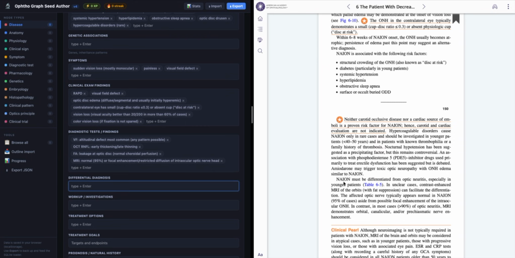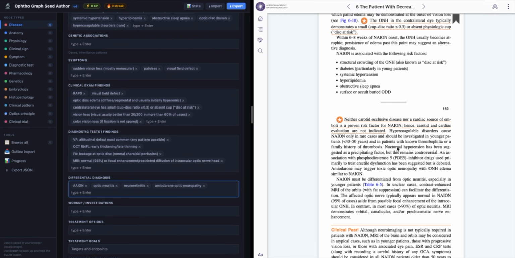All right, so then the differential diagnosis here. So could be arteritic anterior ischemic optic neuropathy. We have to differentiate that with optic neuritis, neuroretinitis, amiodarone optic neuropathy. As you can see here, amiodarone can trigger toxic optic neuropathy with optic nerve head edema, right? And could be some other toxic optic neuropathy as well, right?